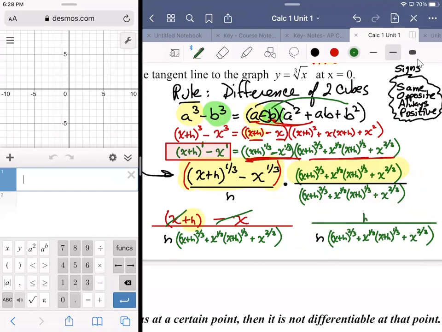I'm going to have h over h times that big mess. The h's would then cancel to a 1, and now the troublemaker is gone. The troublemaker was the h in the bottom of the fraction.